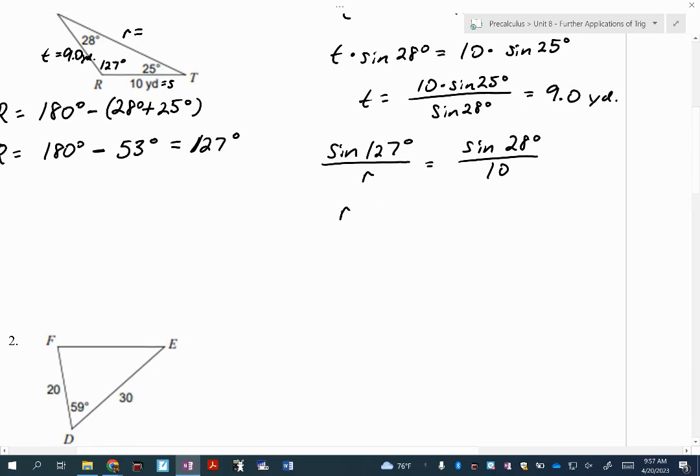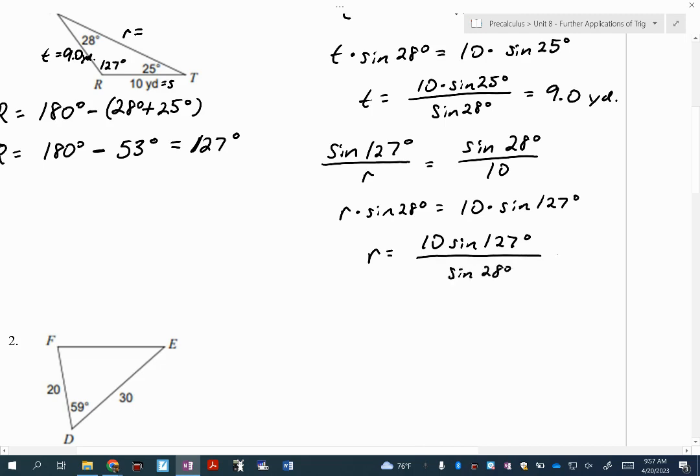So do cross products: R times the sine of 28 degrees equals 10 times the sine of 127 degrees. Divide both sides by the sine of 28 degrees again, so you get this numerator over the sine of 28 degrees.